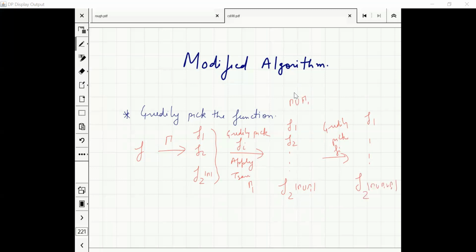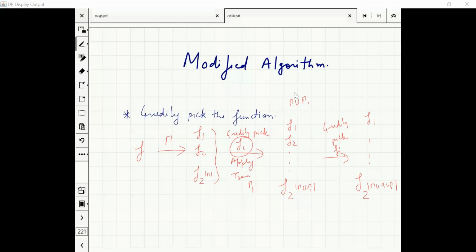But if this has to work, then each of these greedy pickings should be good. Remember, why do we like Sang's lemma? Because just by fixing root k parities, the number of active parities decrease by half.